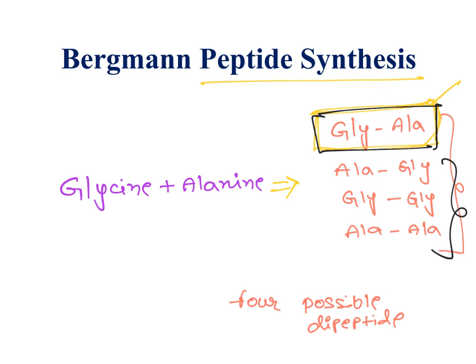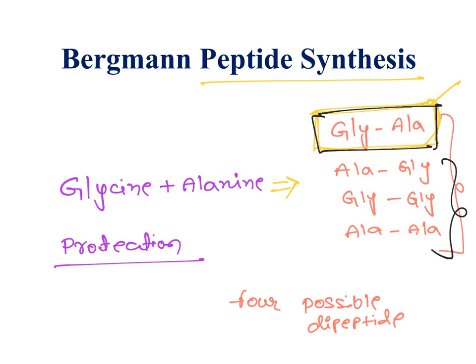For this process, I am taking one method. It is called the Bergmann peptide synthesis. In this Bergmann synthesis concept, we are going to use another concept called protection of groups. Whichever group is not involved in the peptide synthesis, we first have to protect.